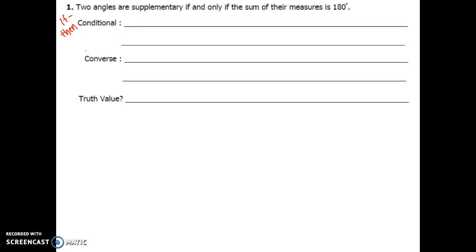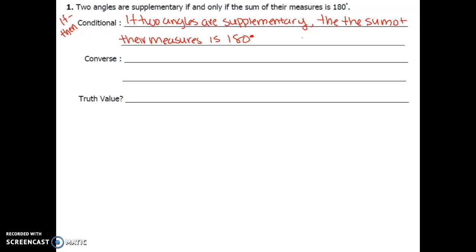So I would say, if two angles are supplementary, then the sum of their measures is 180 degrees. For the rest of these, when it says conditional, write if and then.